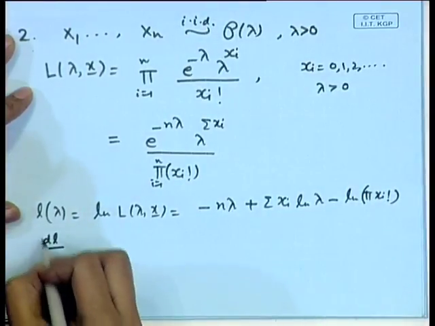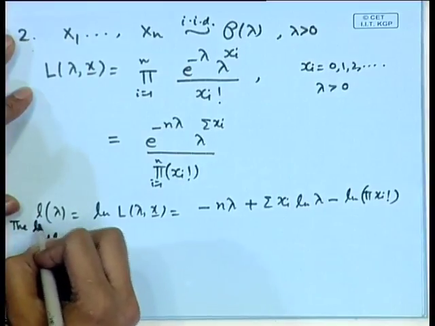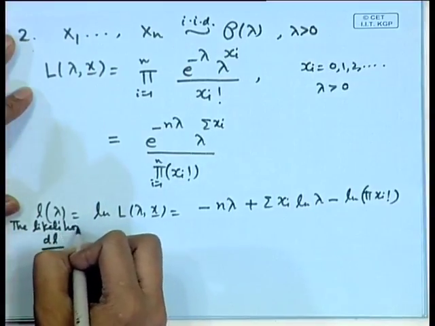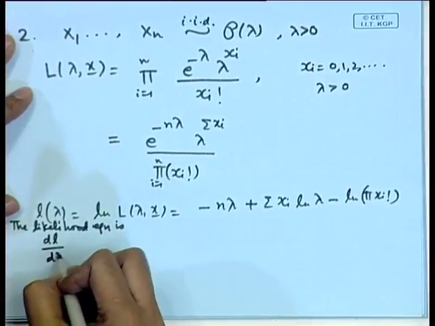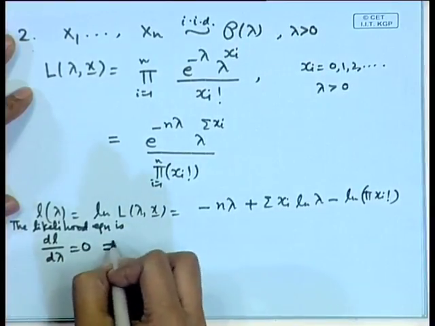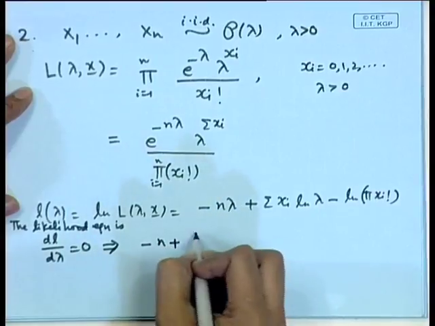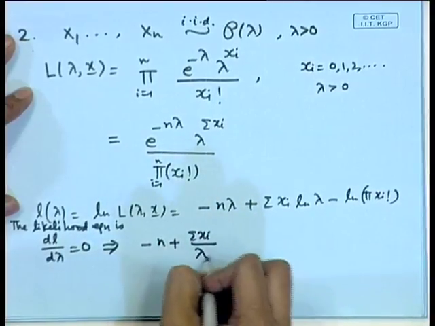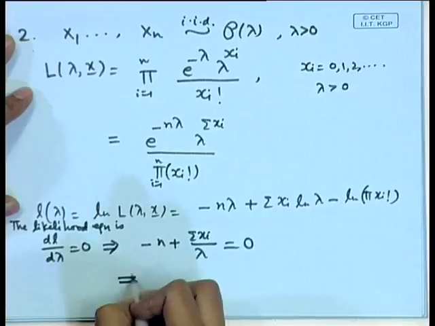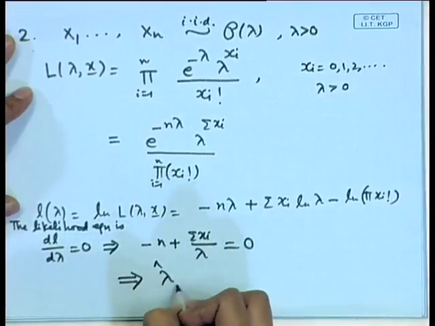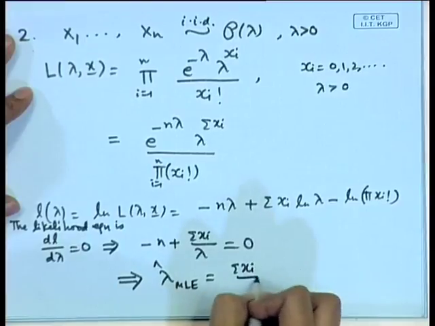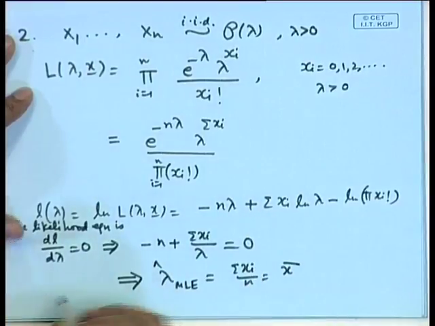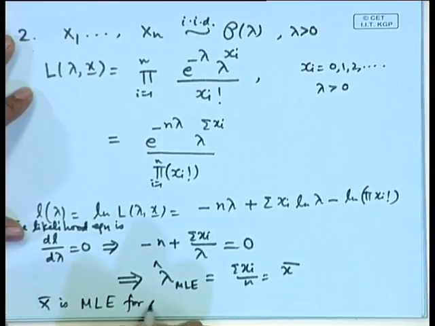So, the likelihood equation dl/d lambda equal to 0 is minus n plus sigma xi by lambda equal to 0. So, the solution of this gives lambda hat MLE equal to sigma xi by n, that is X bar. So, X bar is the maximum likelihood estimator for lambda.